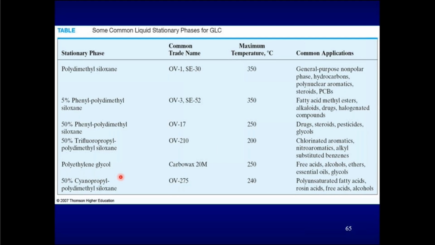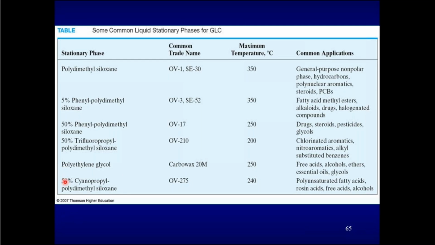Then polyethylene glycol, PEG, with the common trade name Carbowax 20M. Maximum temperature in degrees centigrade is 250. Free acids, alcohols, ethers, essential oils, and glycols are the type of substances which should be separated with it.